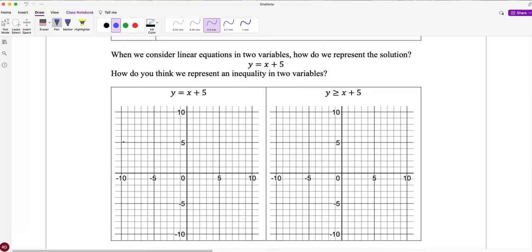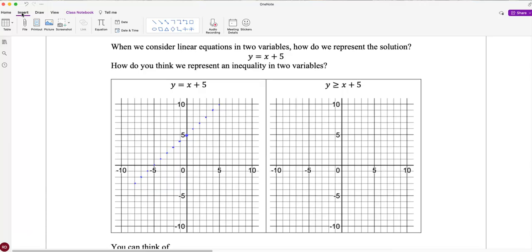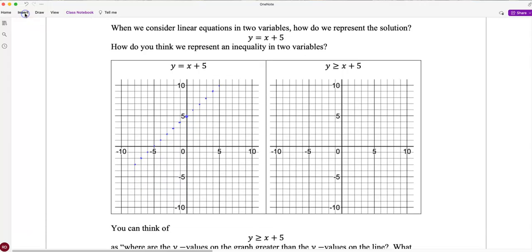Now, when we look at a linear equation in two variables, like y equals x plus 5, so if I graph this, I go to 5, the slope is 1. So there are infinitely many solutions to this equation. Graphically, I can see those solutions by just looking at the line.